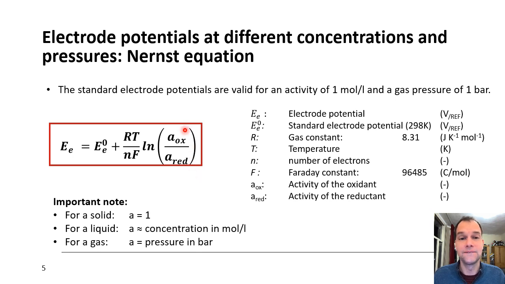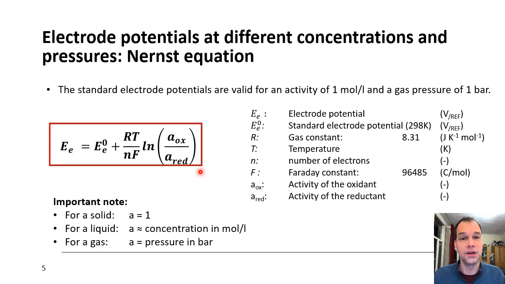In practice, we hardly ever use the activity, but instead we use concentrations for liquids, and for gases we use the pressure in bar. We should, however, not forget that in reality there should be activities, and especially in electrochemical systems sometimes we work with highly concentrated systems, and then concentrations and activity can significantly differ.